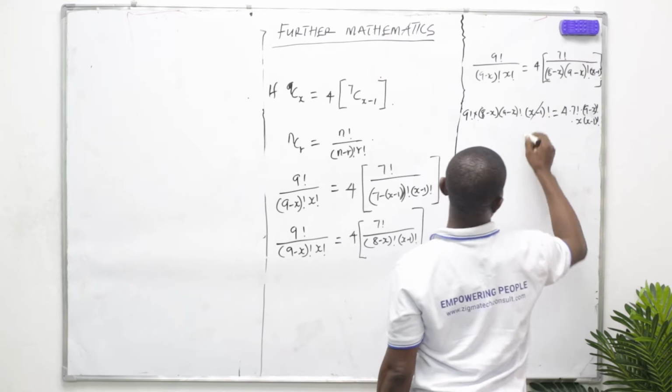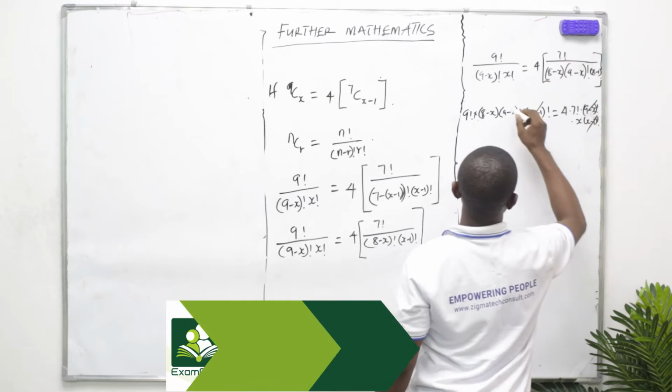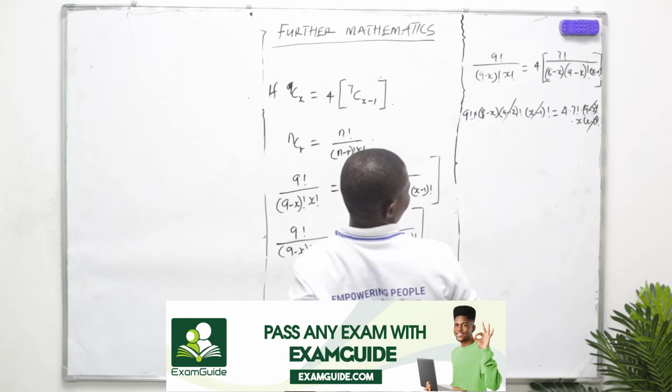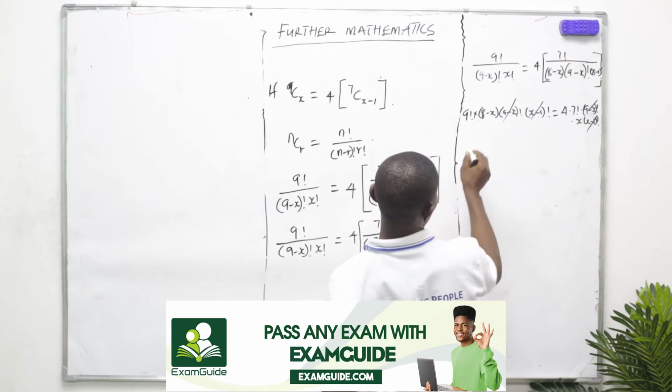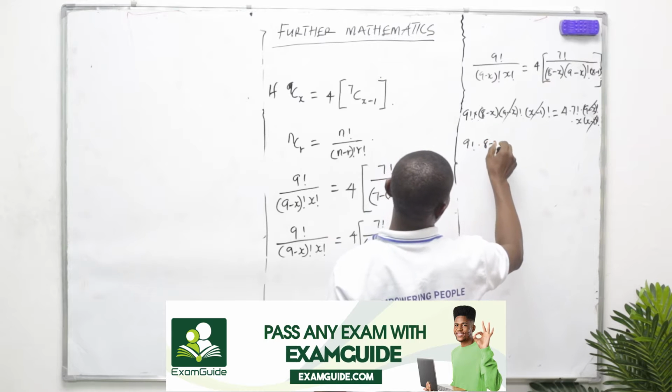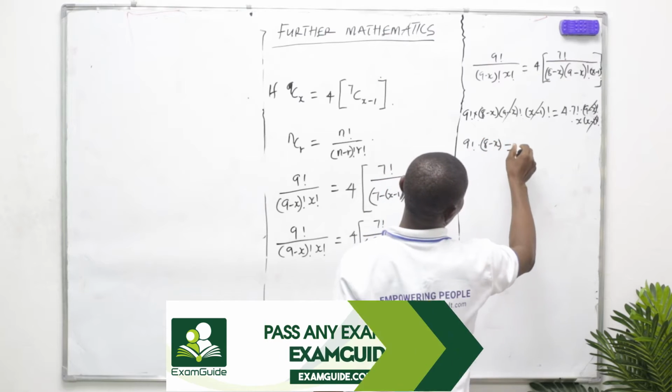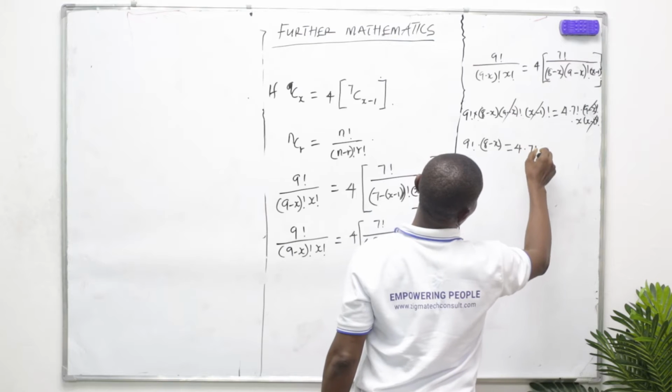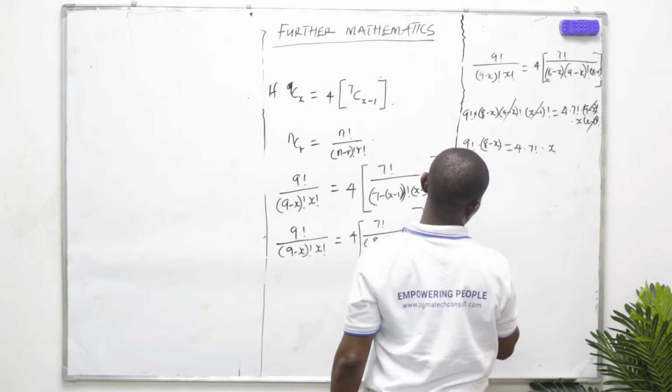So this can take care of this. This can also take care of this. So what are you left with? We are left with 9 factorial dot 8 minus s equals 4 times 7 factorial dot s, okay?